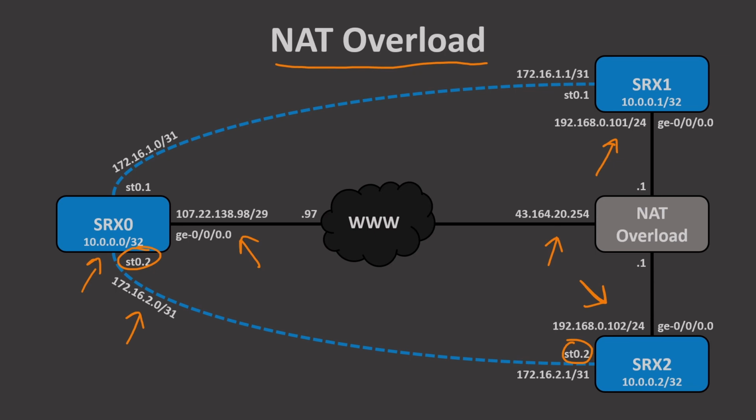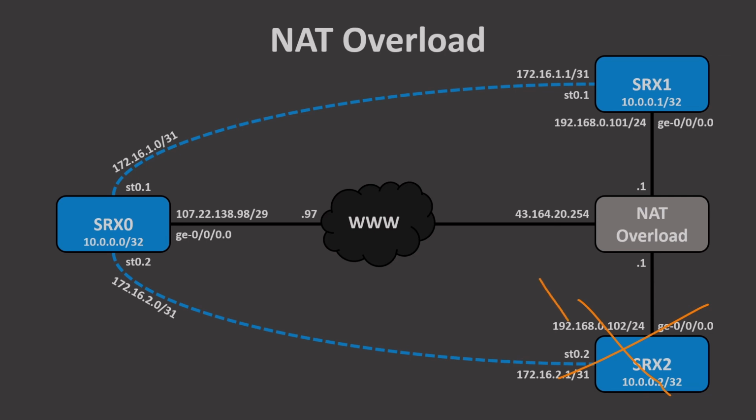We're going to be using this IP ending in 20.254, and both SRX1 and 2 are going to be NATed to it. However, in this one, I'm going to have SRX2 with all of its security, including its IKE and IPsec, deactivated, because I want this device to not say anything. I only want SRX1 to be saying stuff, and I want to show you what's going to happen.